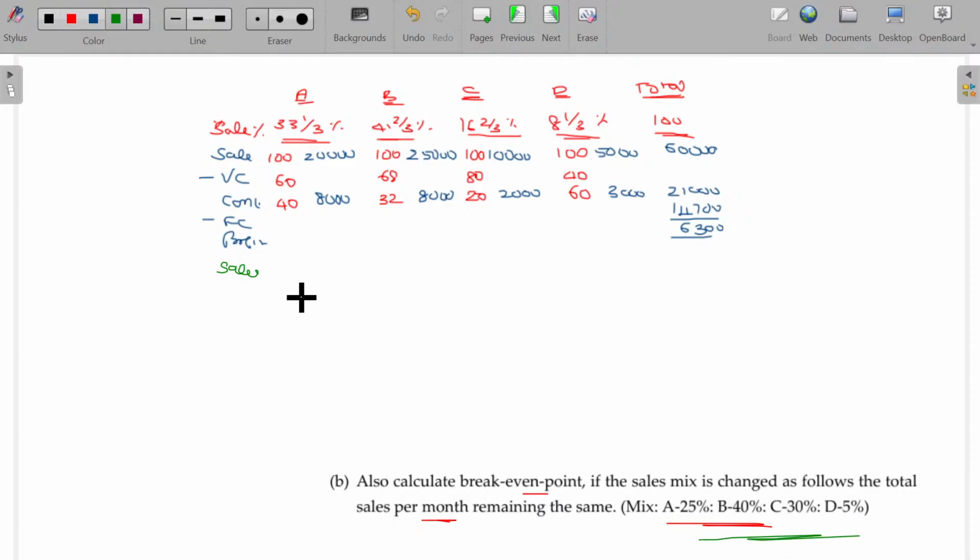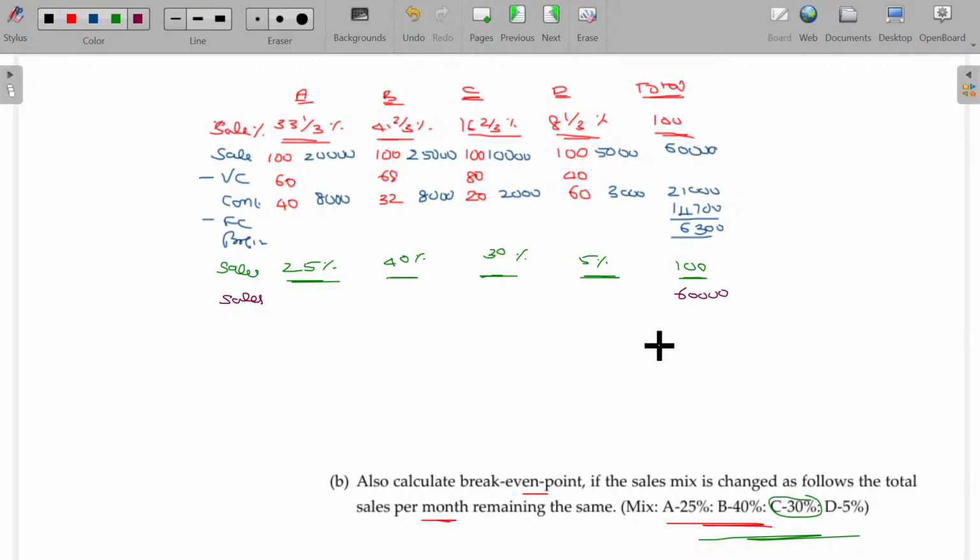The revised mix being A 25 percentage, B 40 percentage, C 30 percentage, and D 5 percentage. Total being 100. In terms of rupees sales, the total sales remains the same 60,000, but the mixture is changed.